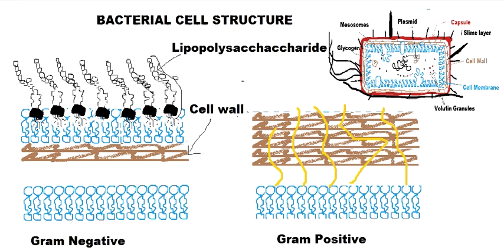Let me go back to the previous one. When we apply crystal violet, it can penetrate the cell wall. As you may know, cell walls are completely permeable in plants, and in bacteria in this case also. So it can penetrate the cell wall, but the cell membrane it cannot penetrate very fast or very easily.